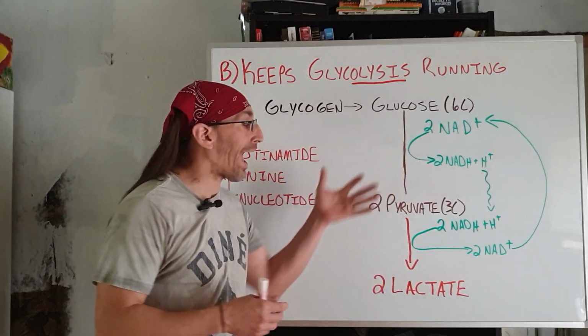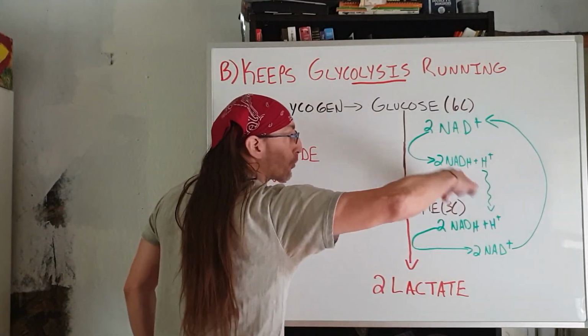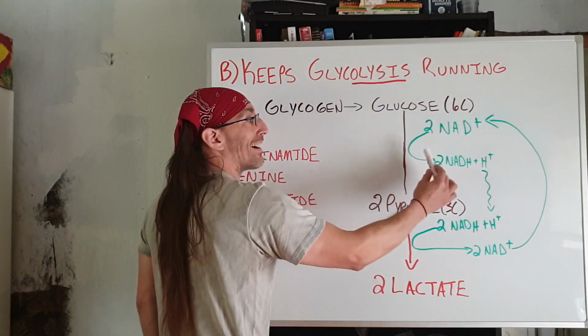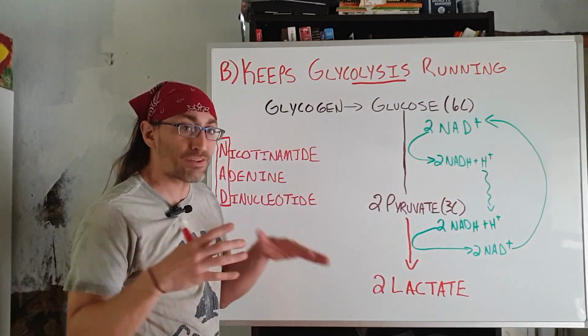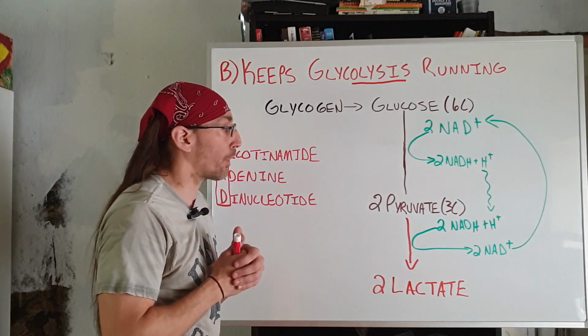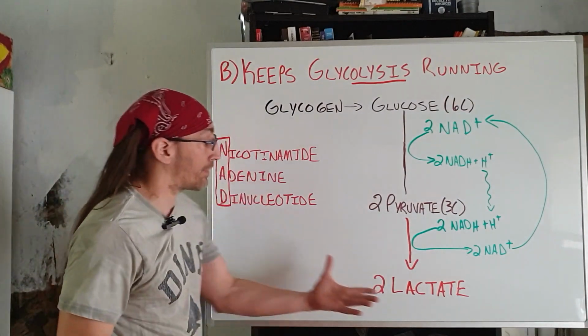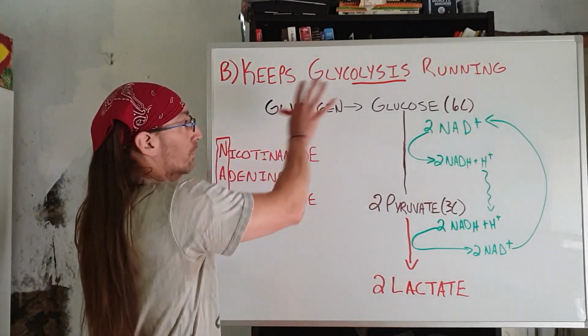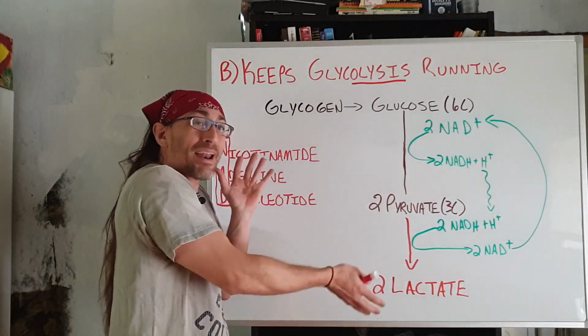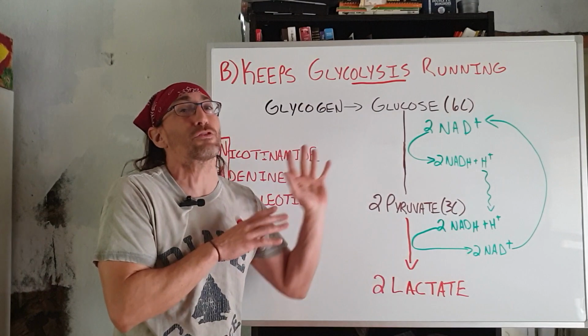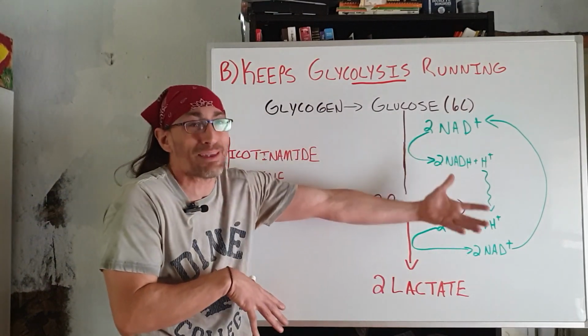But you have to have this creation of lactate for you to have sufficient NAD plus for this process to go relatively unhindered. The creation of it is what really allows this to happen as rapidly as it does, because otherwise you're going to have to rely on the mitochondria. It's an efficient system, but it's a slower system. You can't make ATP as fast.